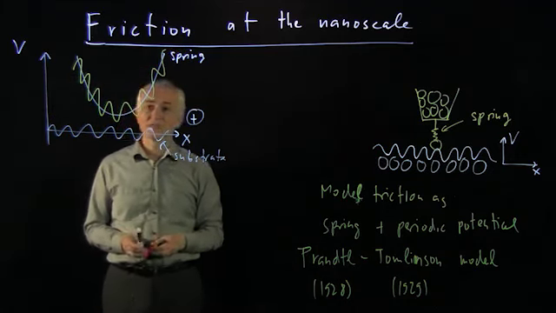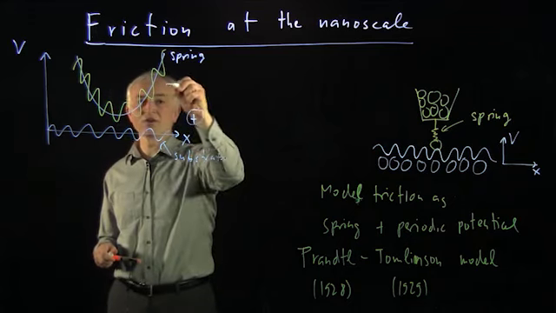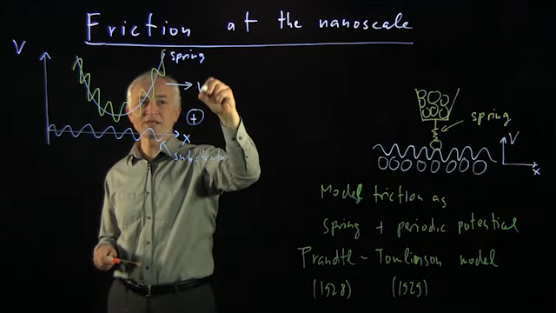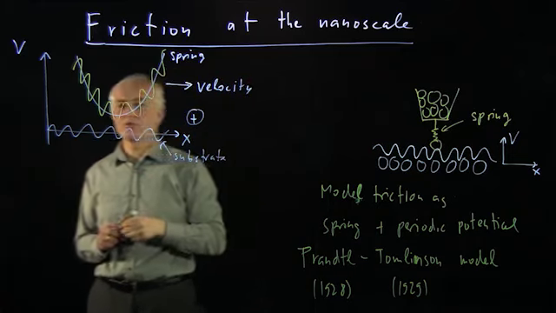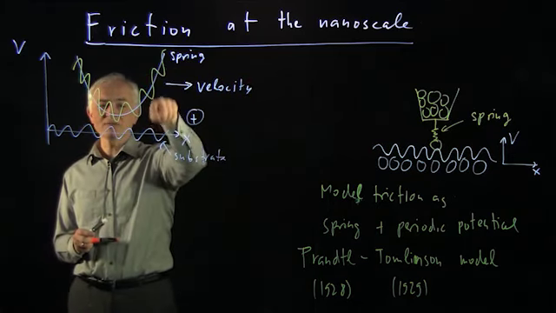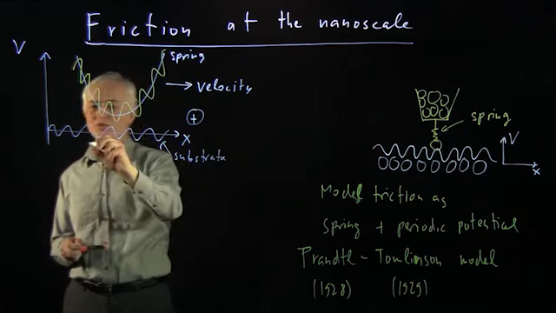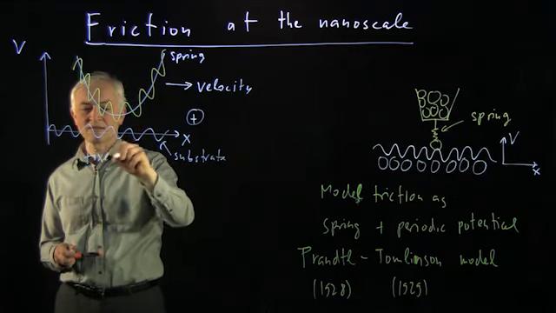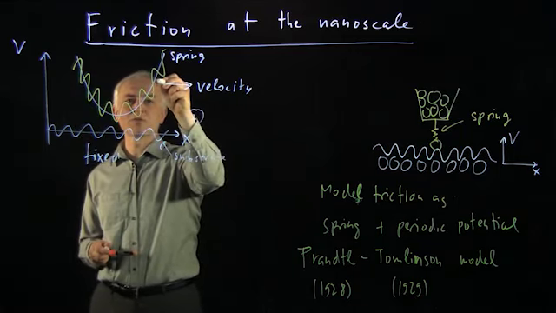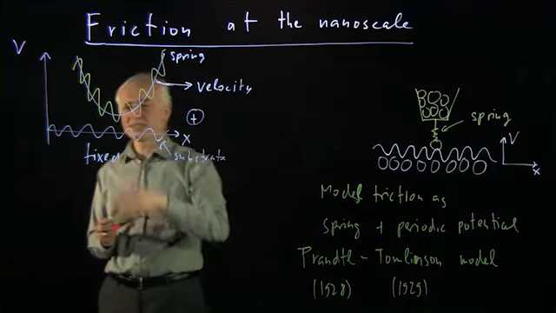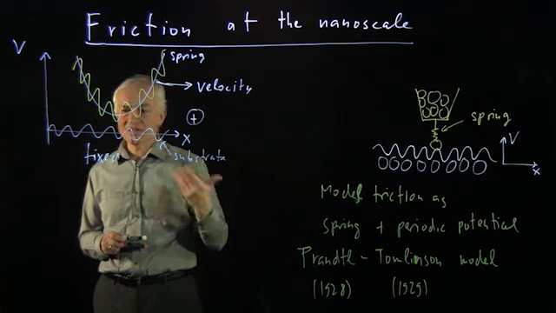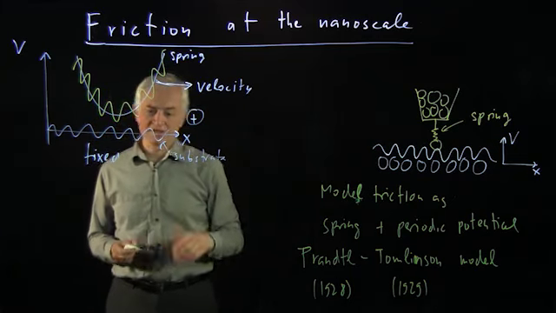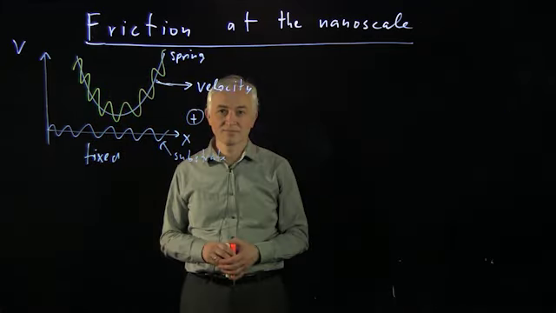So as we now translate the spring across the surface with some velocity, you can see that this addition between the fixed substrate potential, this one is fixed, and this spring potential is moving, will lead to a time-varying potential for the object. So let's look now in a simulation at what that time variation might look like.